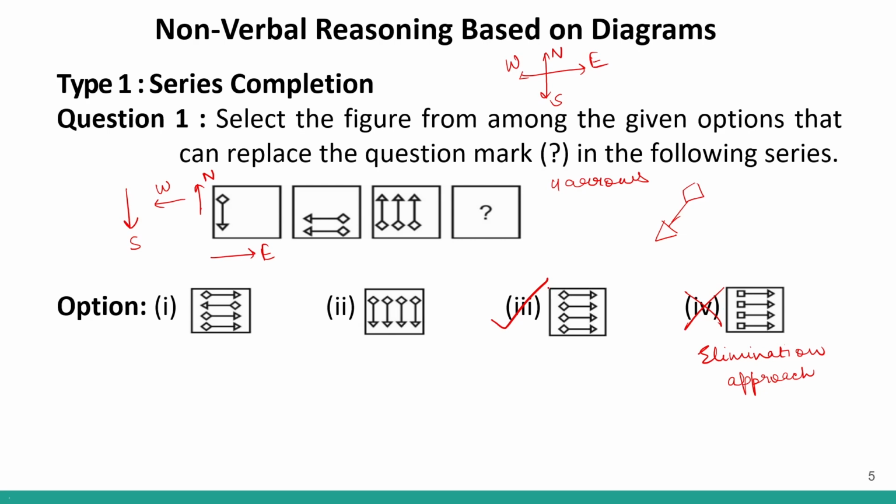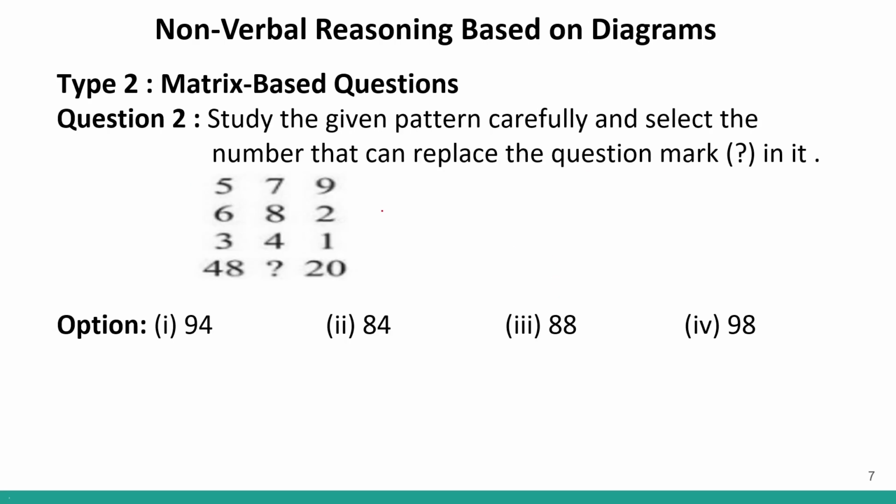Okay. Then we have the next type, which is matrix based question. Matrix based questions mean what? Matrix based means that we are given 3 or 4 kind of grids. These are also called logical grid questions. Okay, logical grids can be of 3 types.